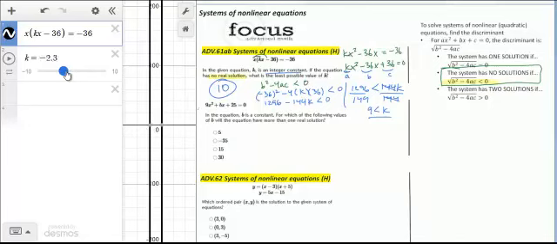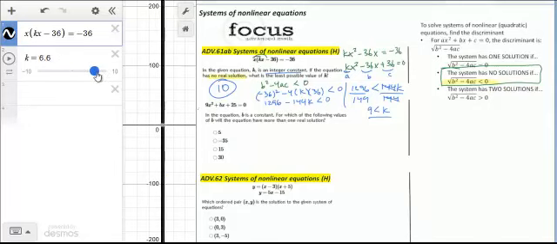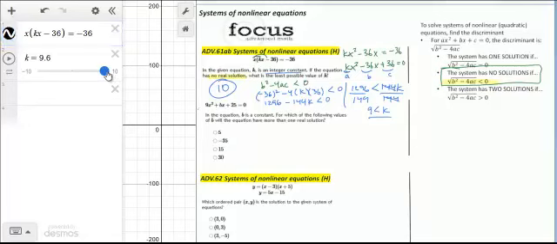So as I start scrolling, as I go to the left, notice that this intersection right here stays the whole time. But as I move to the right, eventually it disappears. So notice, once I get past 9, there is no solution. Okay? And so the smallest integer that gives me no solution is going to be this value of 10. And again, it verifies what we calculated.